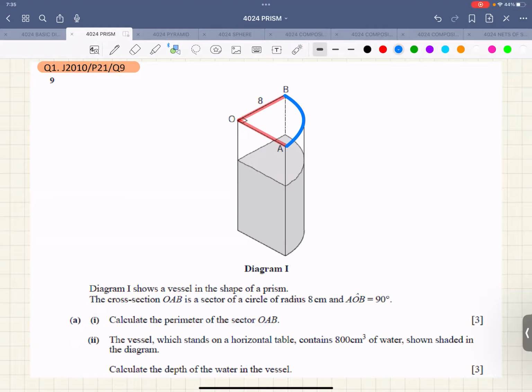Calculate the perimeter of the sector OAB. So let me draw this line over here. Draw it a bit bigger and blue color.